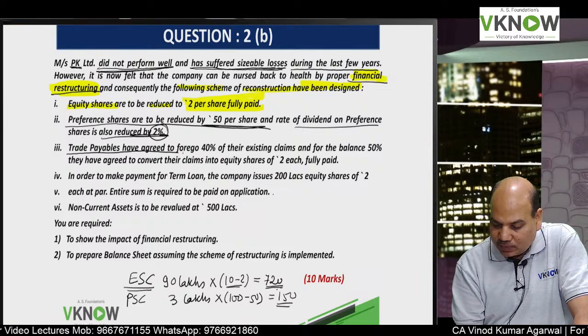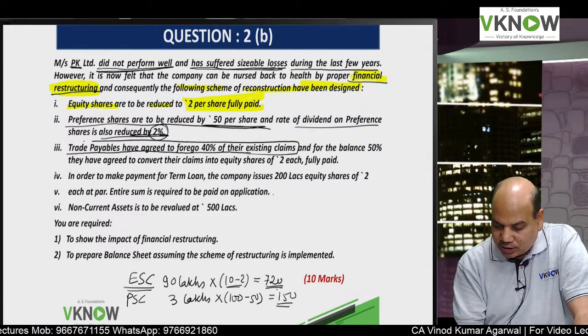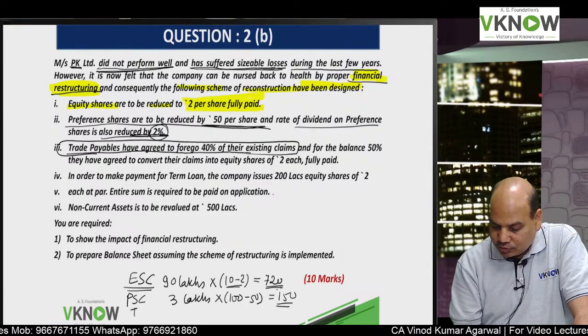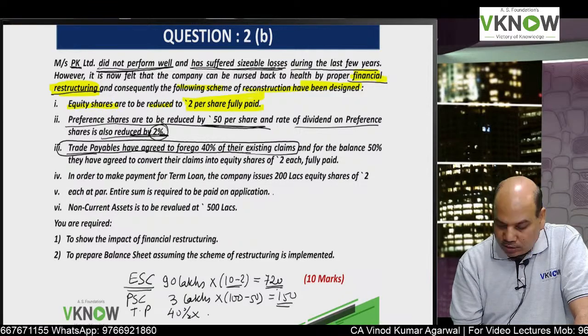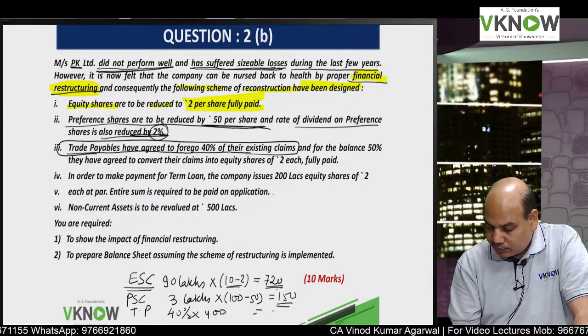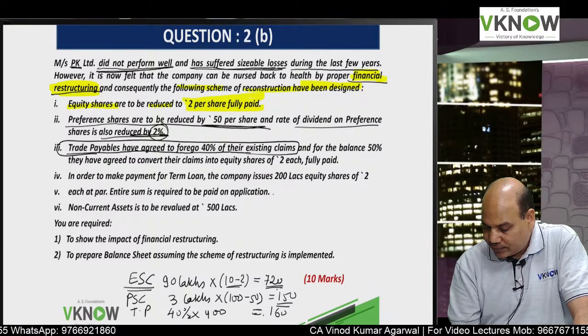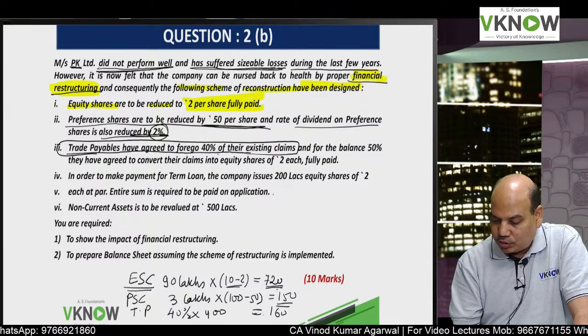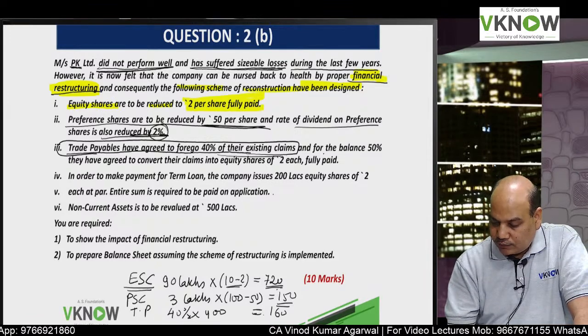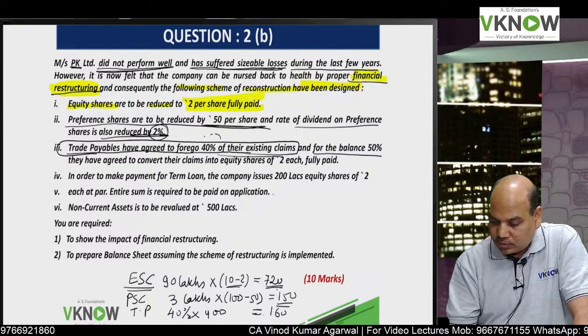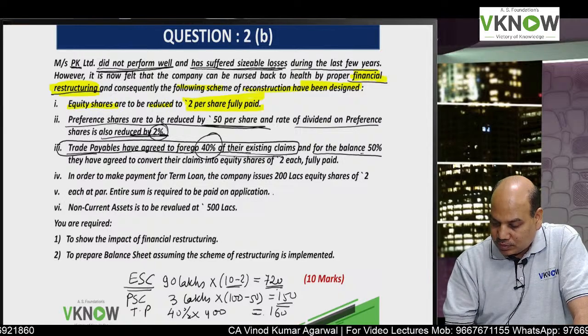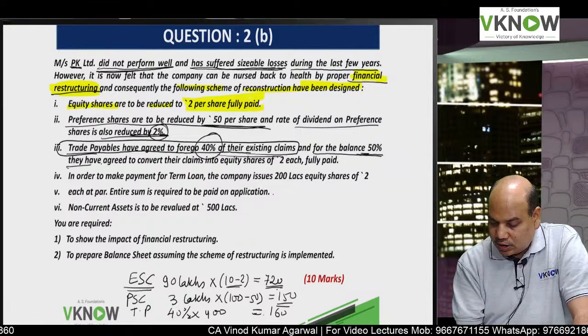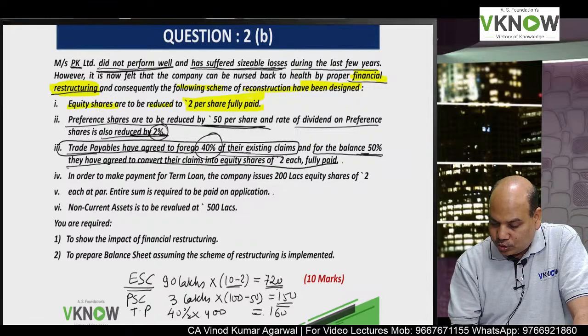Trade payables have agreed to forgo 40% of their existing claim. Very good. So even trade payable will sacrifice 40% of 400, that is 160. So they will say we will forgo 40%, and for the balance, means 60% is the balance, 50% they have agreed to convert their claim into equity share of rupees 2 each.